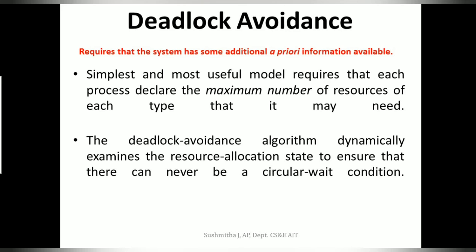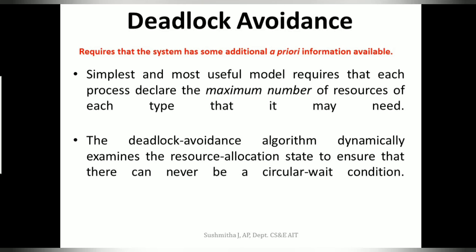We can avoid the deadlock by gaining some additional information about the processes and the resources that they need. The simplest model is that every process should declare the maximum number of resources that it needs for execution.